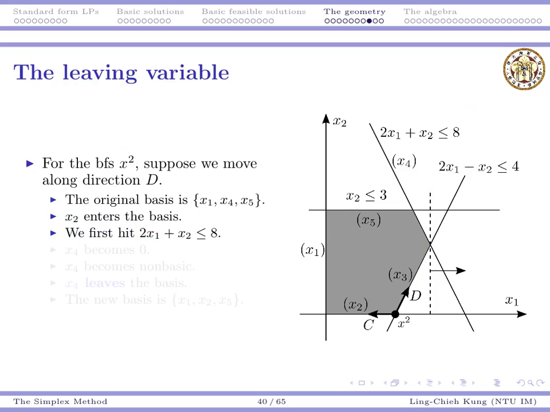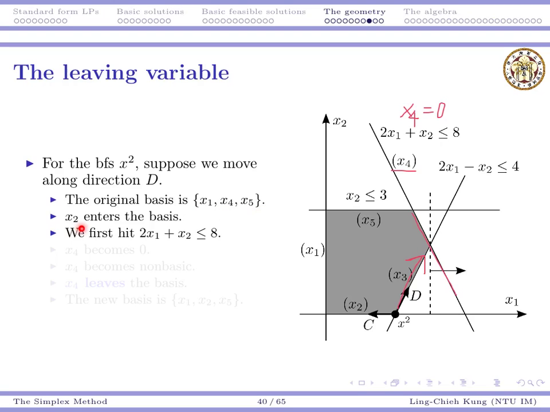For the basic feasible solution with x2, it is very similar. I'm here. Suppose I move along direction D. Now I'm asking which constraint I will hit first. This one, right? And this one corresponds to x4. I know x4 will be 0 before x5 and x3. Originally my basis is x1, x4, and x5.